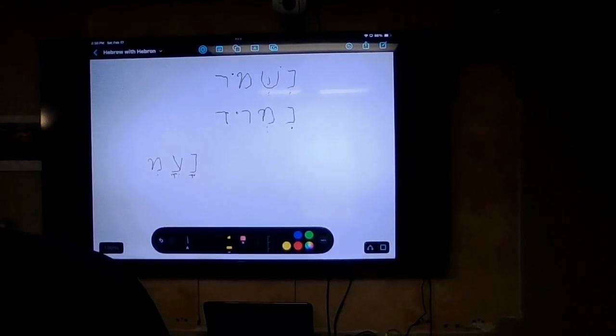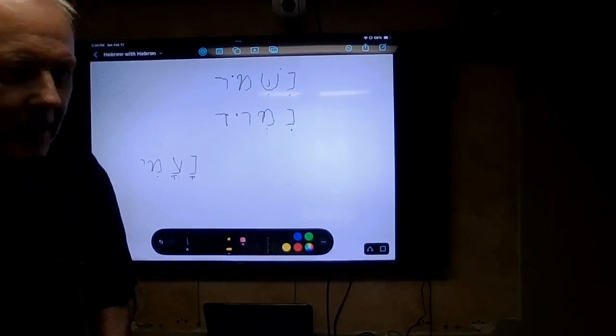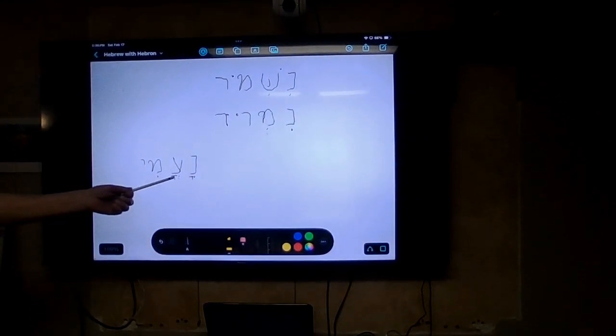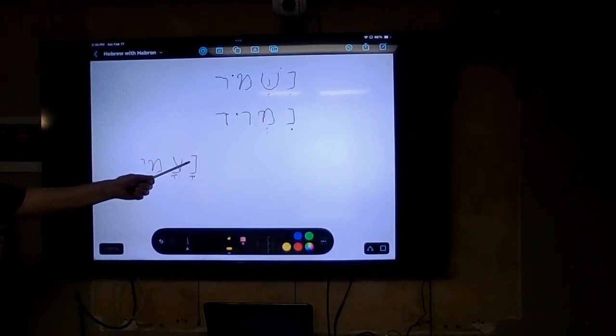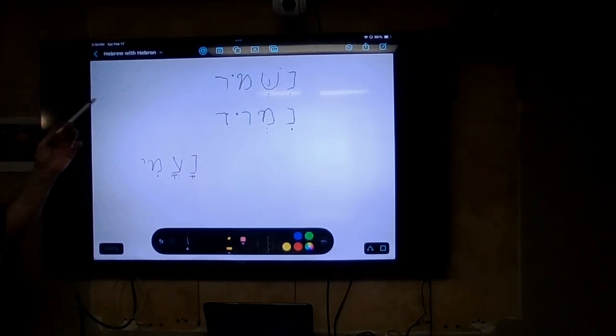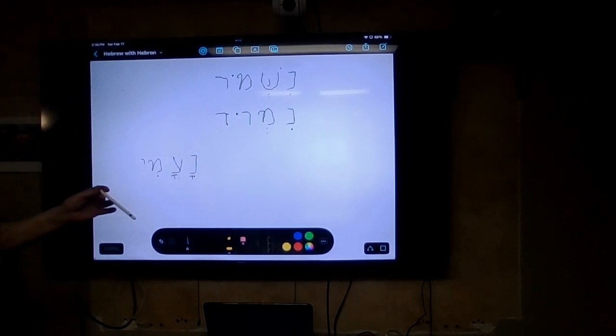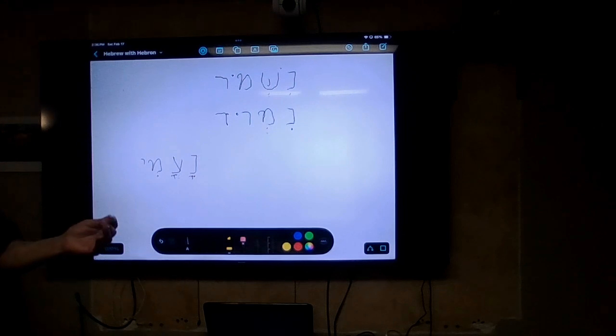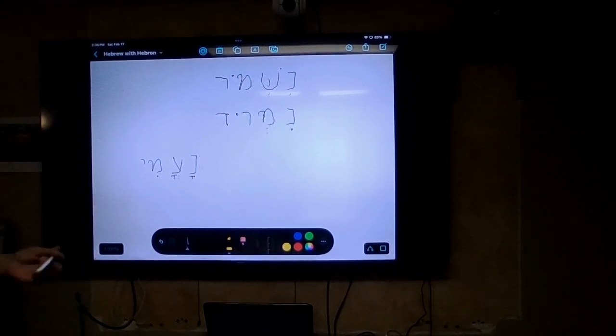Orpa has the kamats chatuf, and Naomi has the kamats chatuf. Can you see this on the board? We have a nun with a kamats, and they are treating this as a closed syllable because it has a shva at the end of it. Now, it's weird, you have to give them space to be who they are.